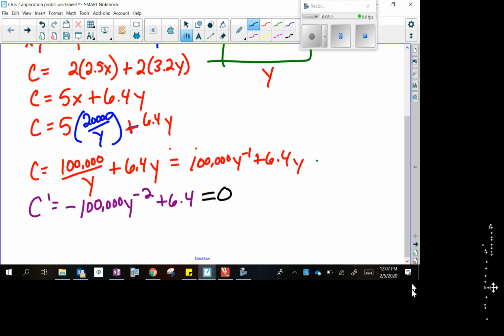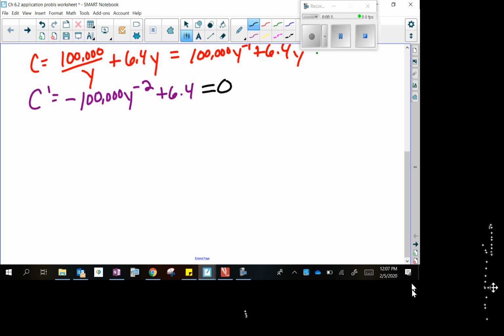So actually set it equal to 0. Now, what would be easier to move at this point? The negative 100,000, because then you can move it over and it becomes positive. It wouldn't be wrong the other way, but then you'd have to divide through by a negative. So are you okay if I do all of this at the same time?